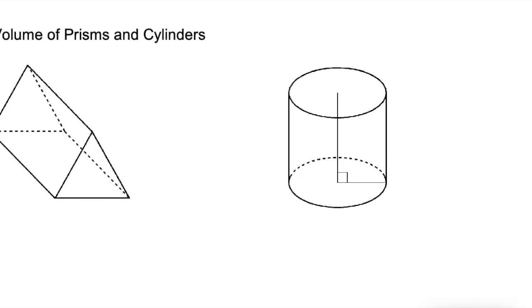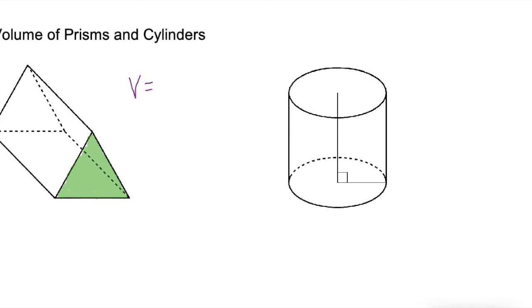Now let's talk about the volume of prisms and cylinders. We talked about that earlier when we talked about cross sections, that the volume of a prism is the area of the base.